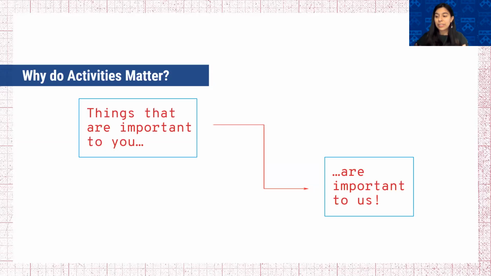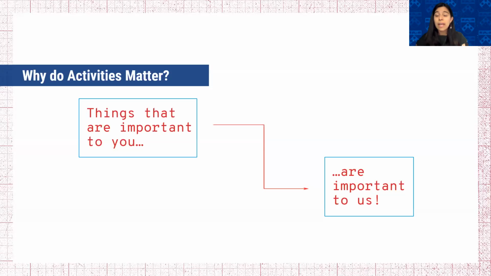So beyond your transcript, we as AOs are working together and reviewing the other pieces of your application to understand the impact that you've made in your school and your community and beyond, and how you might engage in the world here at Penn. When we reference the activity section, we hope you understand this is everything that you do outside of the classroom.